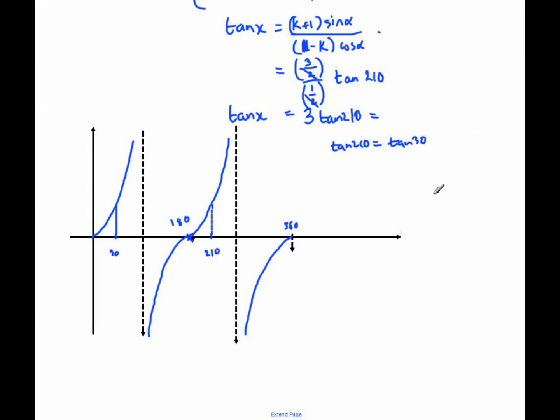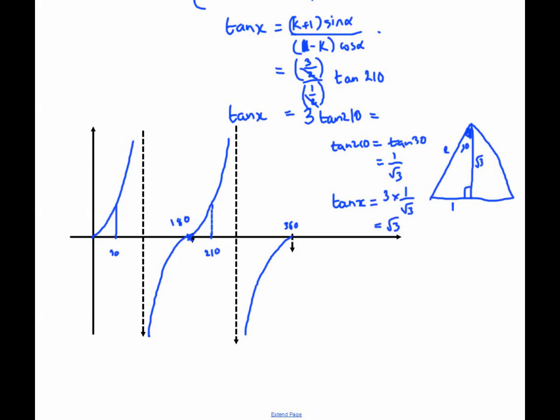And to work out tan 30, I'm going to pull out my special triangle again, which looks like this. 30 degrees is here. You'll remember from question 1, special triangle goes to 1, and therefore that's going to be root 3. So tan of 210, which is tan of 30, is going to be 1 divided by root 3. Therefore, tan x is equal to 3 times 1 over root 3, which is root 3.